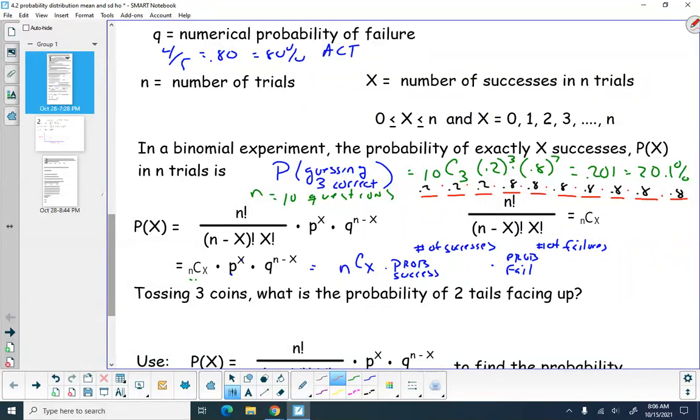Where the 10C3 comes in, that is a combination where order is not important. So I can go 0.2, 0.2, 0.8, 0.2, then the rest of them 0.8. Or I can go 0.8, 0.8, 0.2, 0.8, 0.2, 0.8, 0.2, and the rest 0.8s. Order is not important. That's what the 10C3 does right here. It juggles them all around. But what we're using is the multiplication principle and the word and.